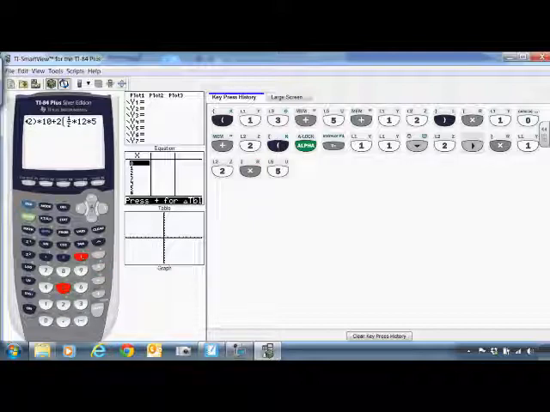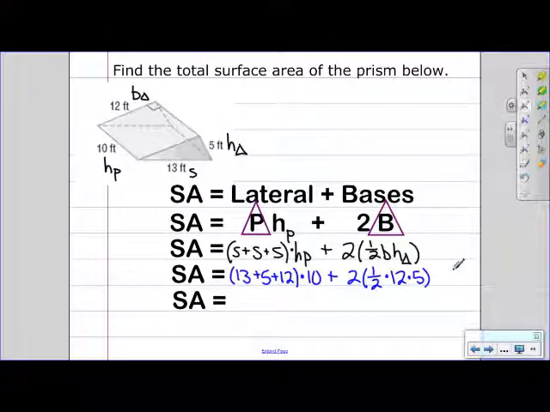Close parentheses. And now we can hit enter, and now we have the surface area of our prism. Let's go back to our question. Okay, now we're back with our problem. We can see that the surface area of this prism is 360 feet squared.